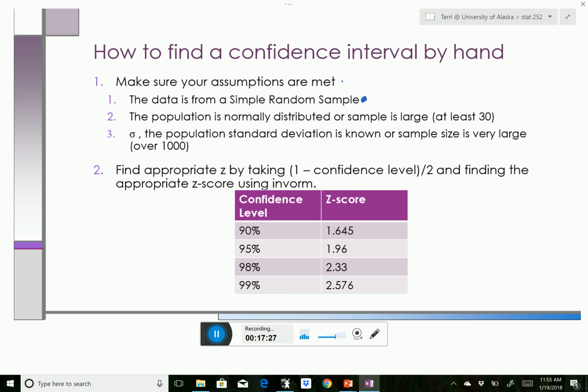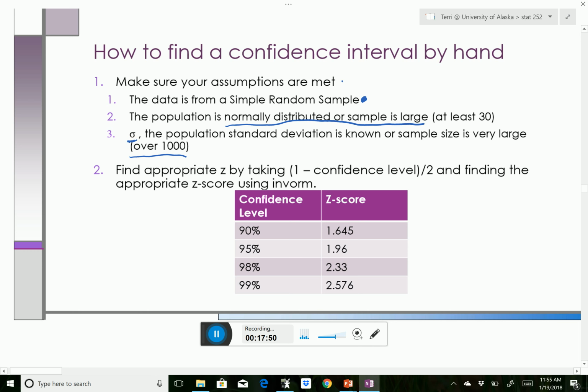The population is normally distributed, or the sample size is large, at least 30, or 15 for symmetric data. The sigma, the population standard deviation, is known, or the sample size is extremely large, like over 1,000. Mostly we're going to restrict ourselves to when sigma is known.